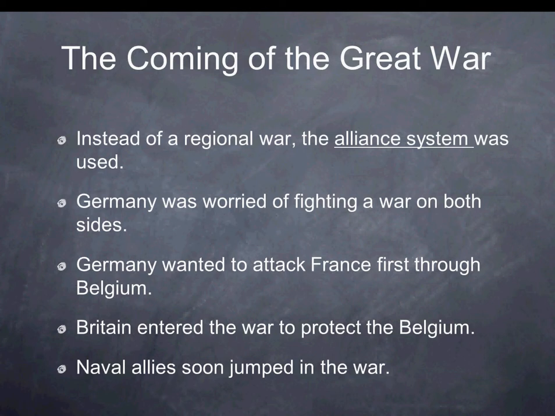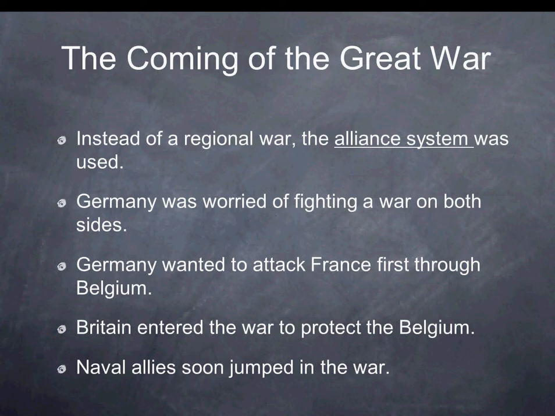Germany was worried of fighting a war on both sides. That is, France. They haven't got along with France. In fact, they fought a war earlier. So they're worried that they will have to fight a war with the Russians and also the French. Now, the French and the Russians have an agreement that if one is attacked, the other one will come to its aid.